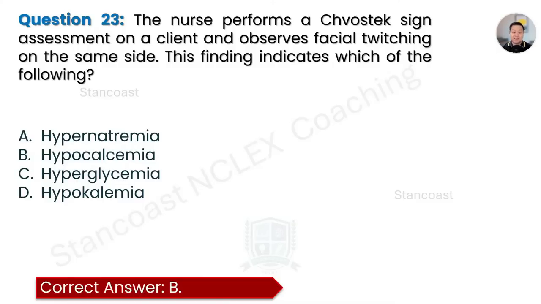We know that hyperglycemia is not associated with muscle twitching such as Chvostek sign, and the symptoms in hyperglycemia typically can include increased urination, polydipsia, and fatigue. So you got to discard this option. For letter D, another incorrect option, hypokalemia can lead to muscle weakness. It can cause cramping, can also lead to cardiac arrhythmias, but it will not lead to a positive Chvostek sign.